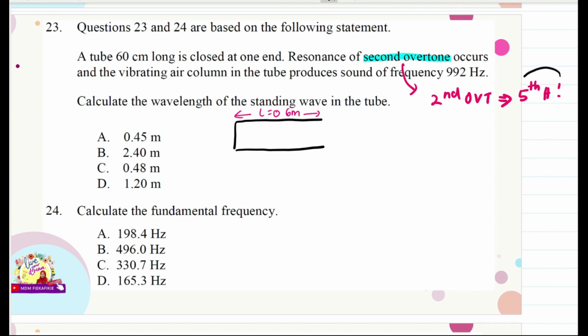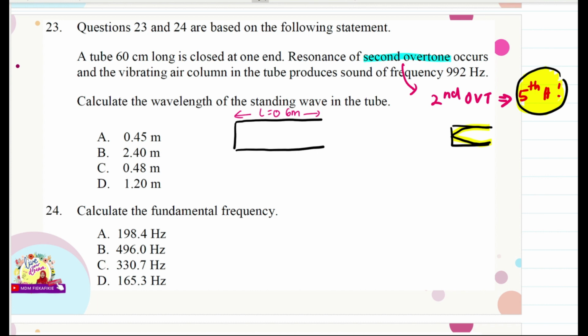Okay. So fifth harmonics, so fundamental mode untuk closed pipe, saya bagi tahu awak apa shape dia. Shape dia adalah bentuk C, kan? C terbalik ni. Okay. Jadi for fifth harmonics, second overtone is equal to fifth harmonics.